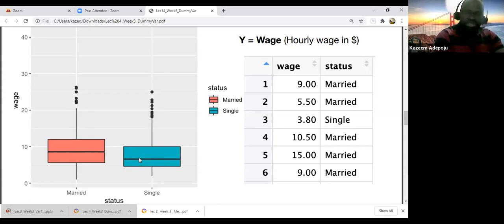This is what we can see from this box plot, which makes us suspect that different marital status have a different wage experience. We are suspecting that.